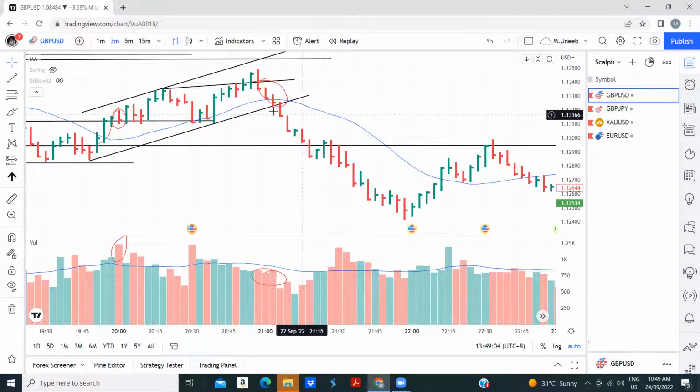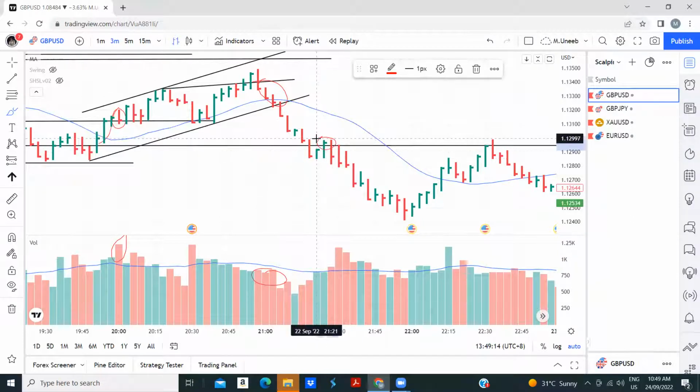Otherwise, you need to wait all the way down and wait for the reference line, because the reference line was here, but we did not get the test. The price went down and then tested right over here. So this is an ideal entry, but you can also take an entry right over here if you are in a little bit of a hurry. Otherwise, you have to wait for the price to come back and test the reference line. The price finally tested the reference line right over here.